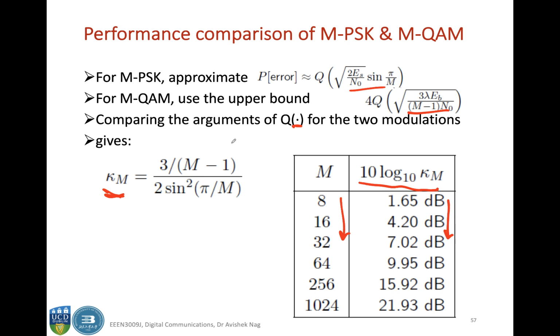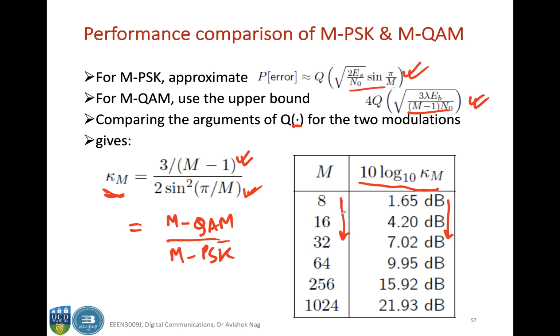is also increasing. The numerator is coming from the QAM expression, and the denominator is coming from the PSK expression. So basically kappa m says how your M-QAM is doing with respect to M-PSK.